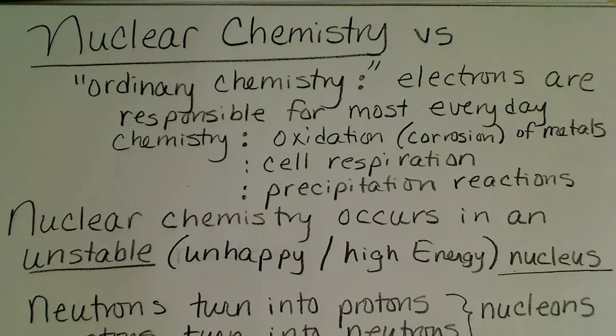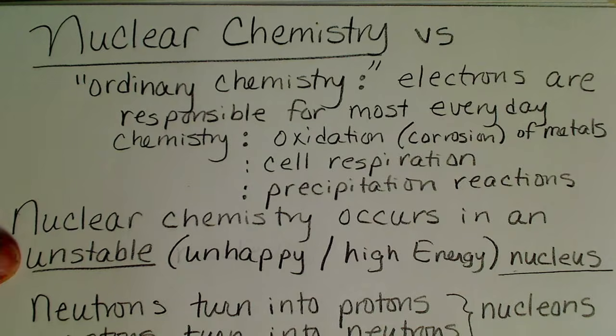Most of ordinary tabletop chemistry, or chemistry that occurs in our body, or the oxidation of metals, for example, that type of chemistry that we've dealt with up to this point usually deals with just the electrons that are outside of the nucleus.